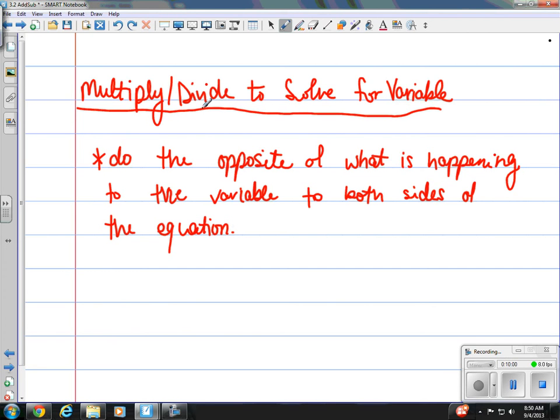Okay, so to solve for the variable, you need to do the opposite of what's happening to the variable to both sides of the equation.